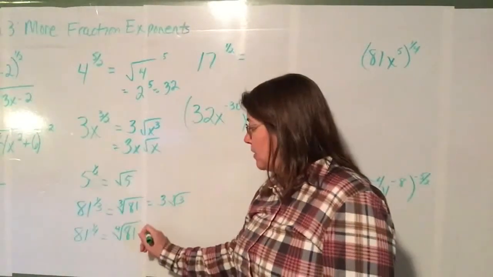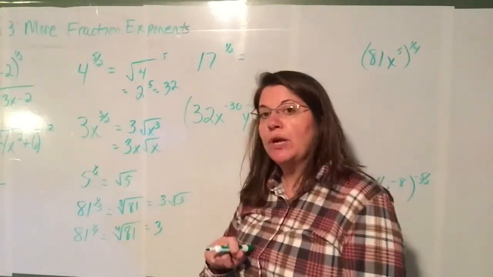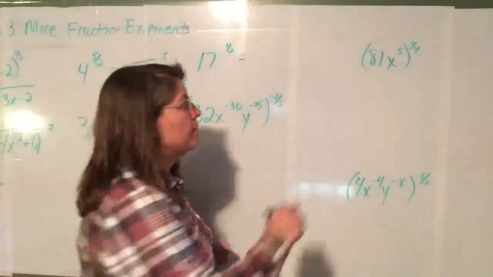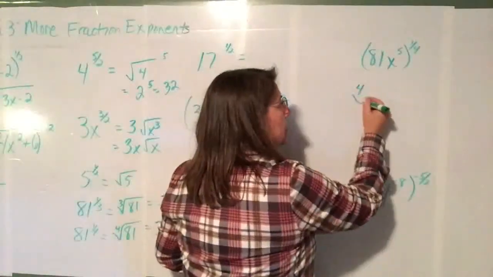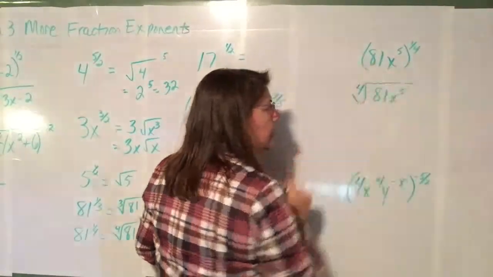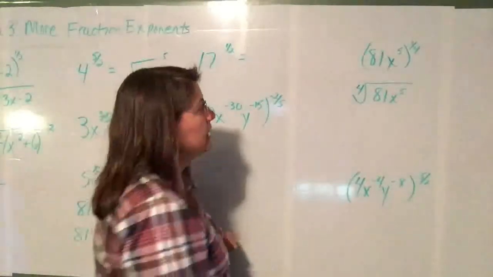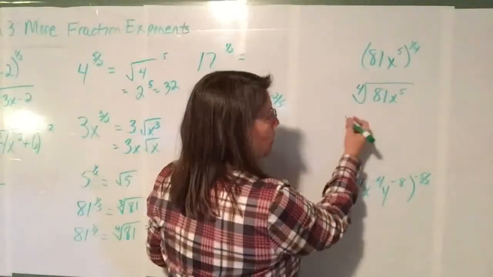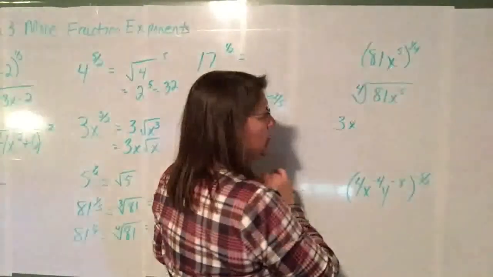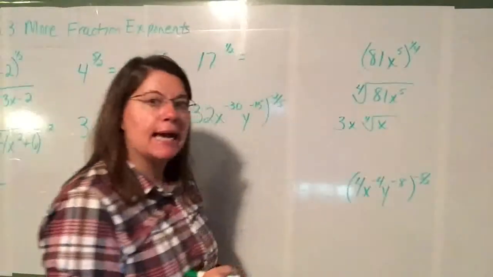If anything shows up 4 times, we can bring it out once, so that would be 3. In this one, that is the same thing as the 4th root of 81x to the 5th. Since the whole thing is in parentheses, the whole thing has to go underneath the 4th root. And with that, the 4th root of 81 is 3. 4 goes into 5 once, so we can bring 1x out, and we will have 1x left inside.